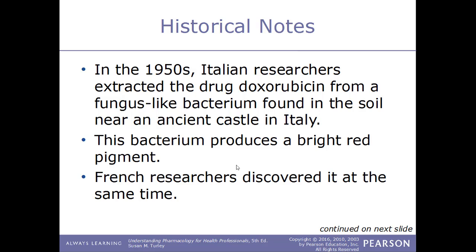Now we'll mention a quick historical note about doxorubicin. In the 1950s, Italian researchers extracted the drug from a fungus-like bacterium that was found in the soil near an ancient castle in Italy. This bacterium produced a very bright red pigment, and French researchers discovered it at the same time also.